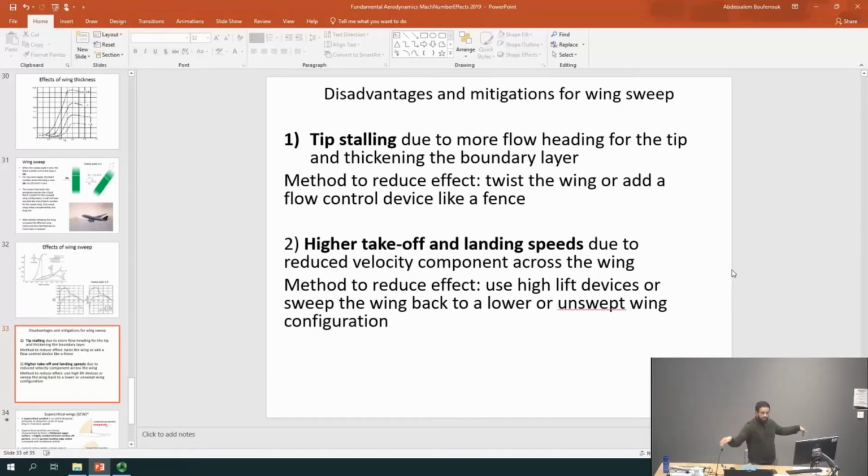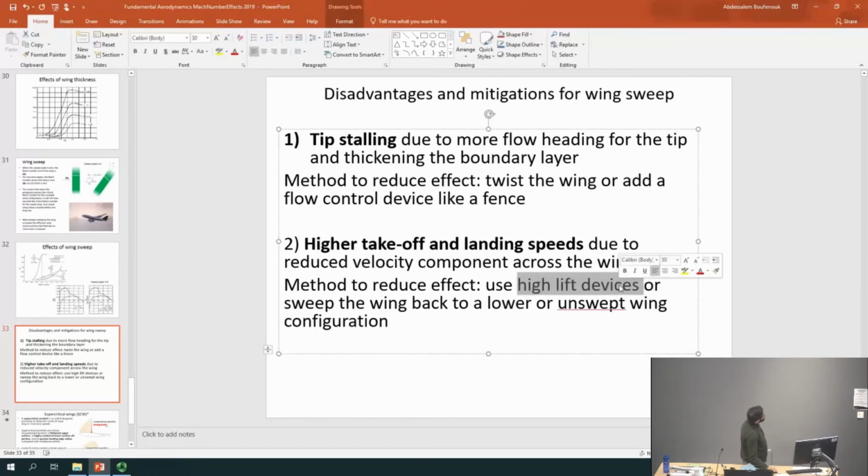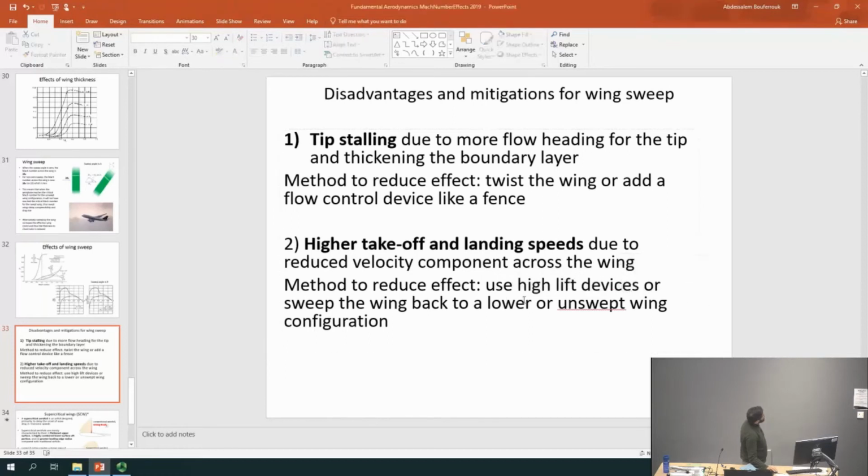Swept wings increase those speeds, so you have to do something about it. What you can do is use much better high lift devices. We're going to talk about high lift devices in a minute, actually. So you have to employ high lift devices so that you can reduce the takeoff and landing speeds, or just reduce the sweep of the wing to reduce that effect.